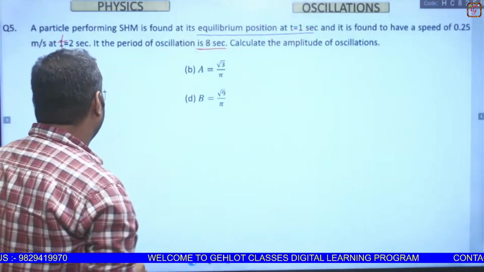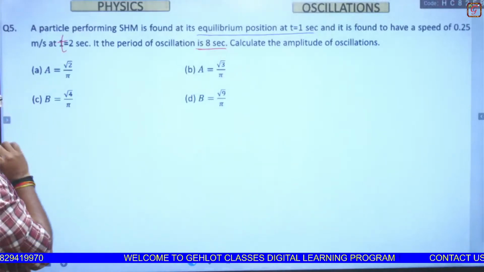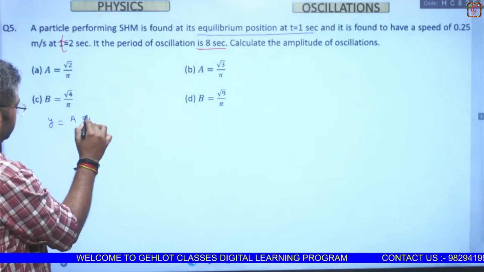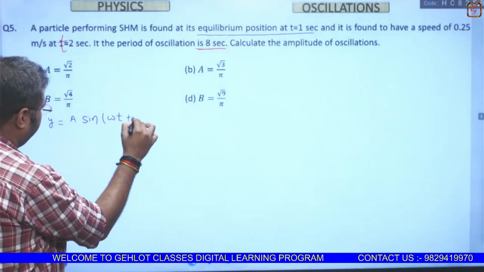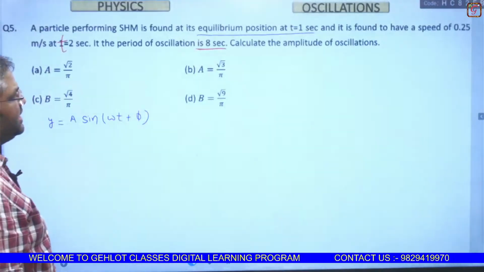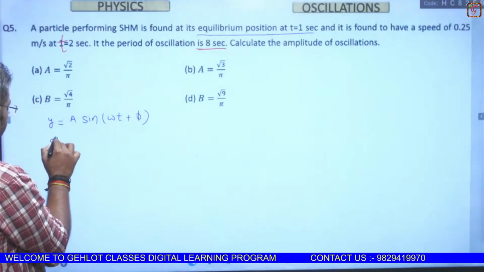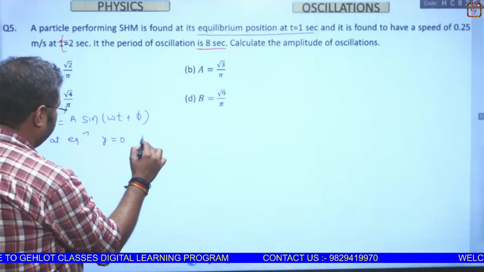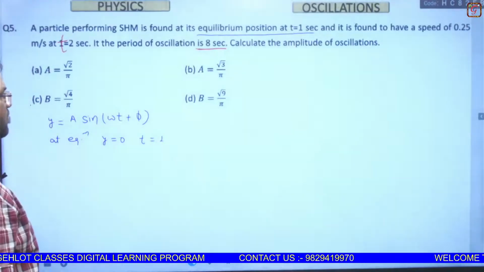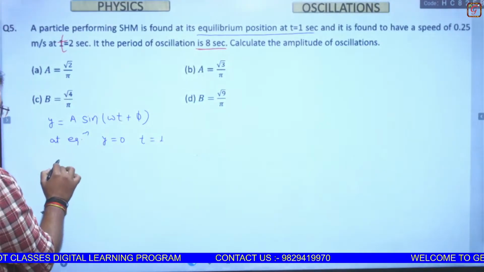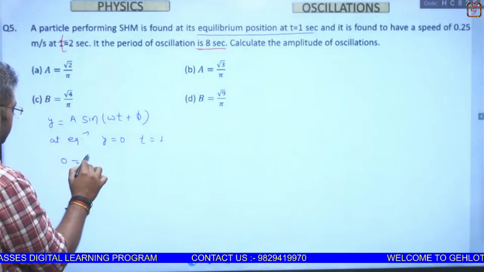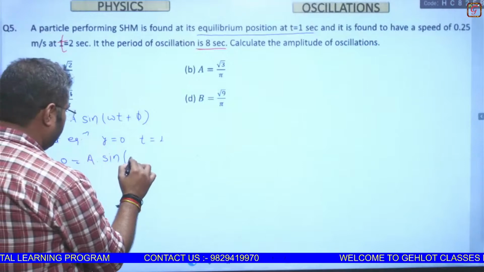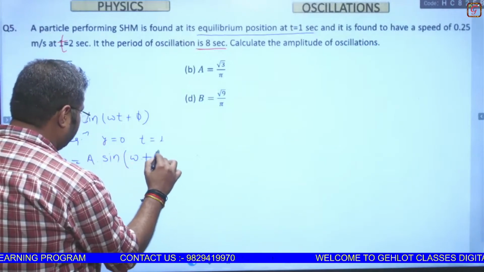So what is the general equation of displacement of the particle? So y is equal to a sin(omega t plus phi). At equilibrium position, y is equal to 0 and t is equal to 1. So substitute the value. 0 is equal to a into sin(omega plus phi).